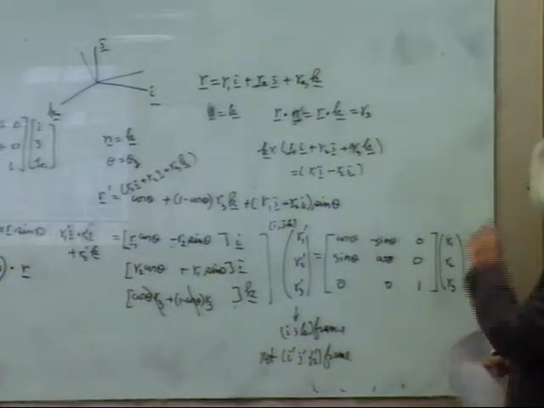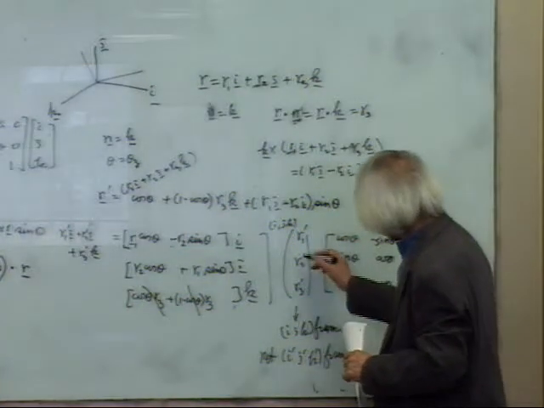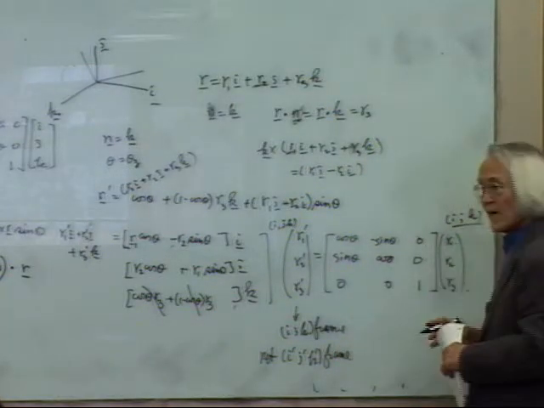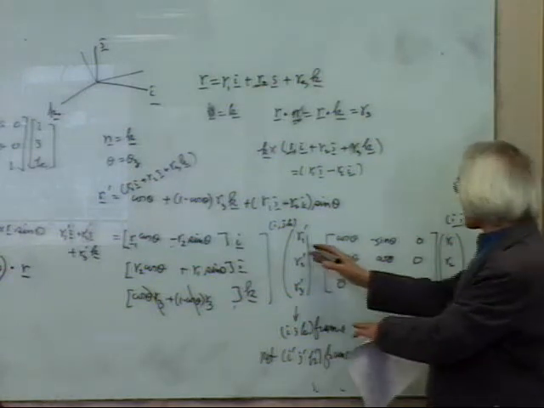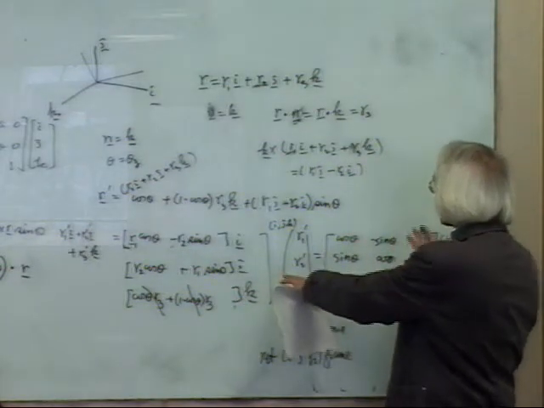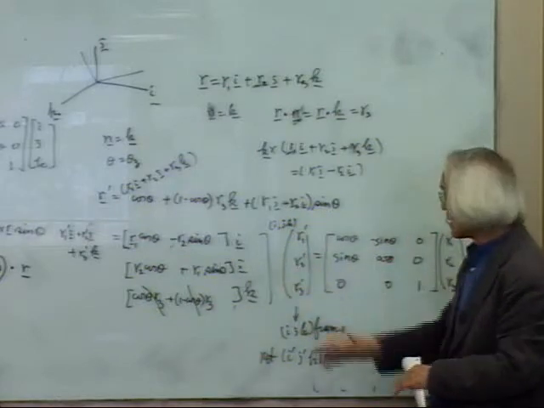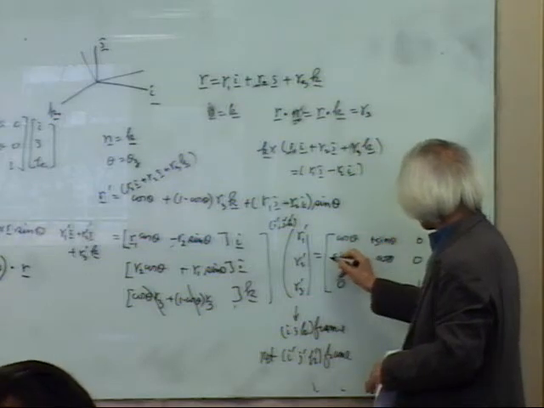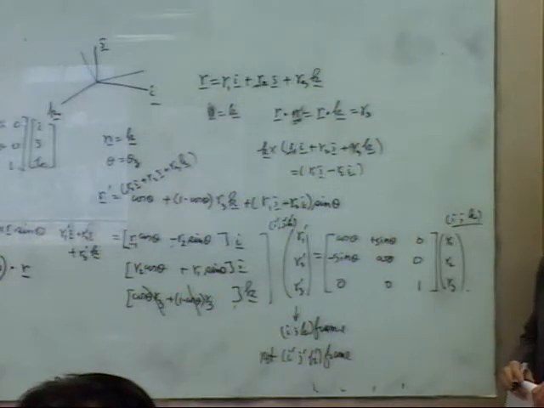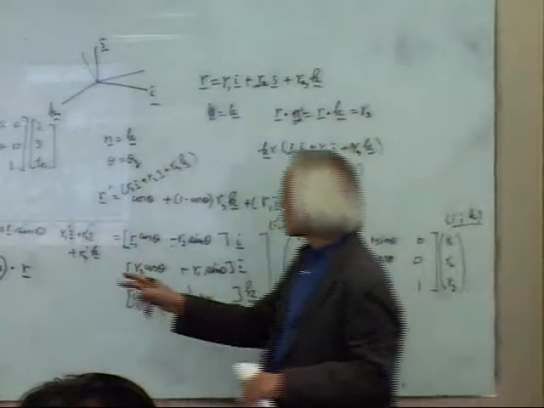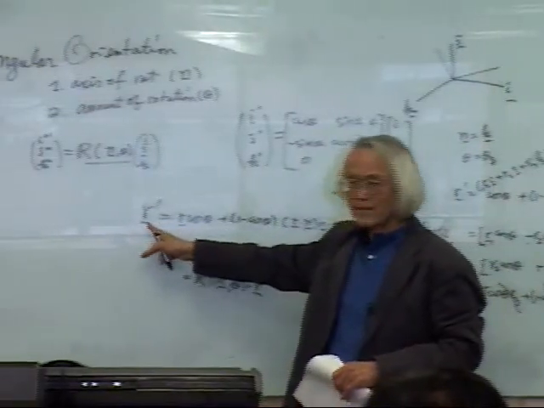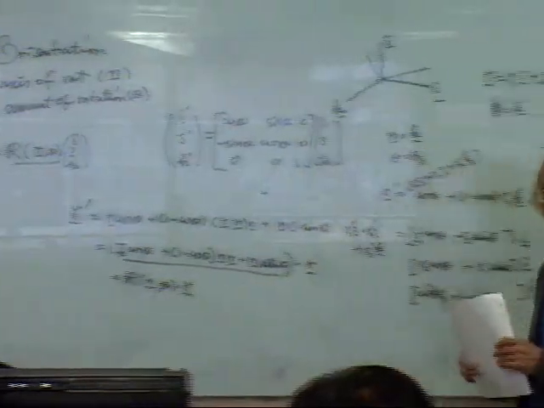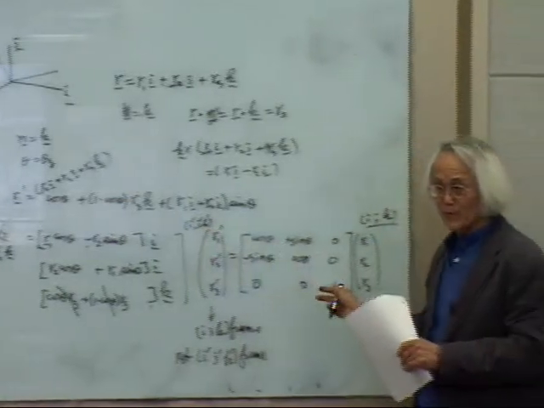Okay? So these guys are all IJK, and this guy is all IJK. So if you want this to be I prime, J prime, K prime, it's just the other way around, like that. This one is put back into the original unit vectors, not the rotated unit vectors. Okay? That's the only physical interpretation you have to do.